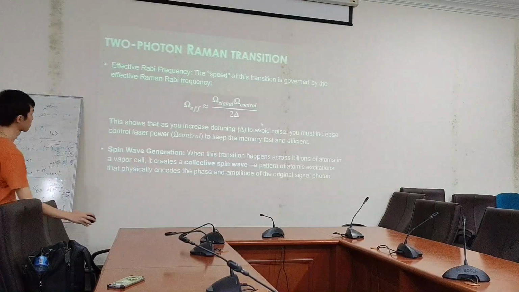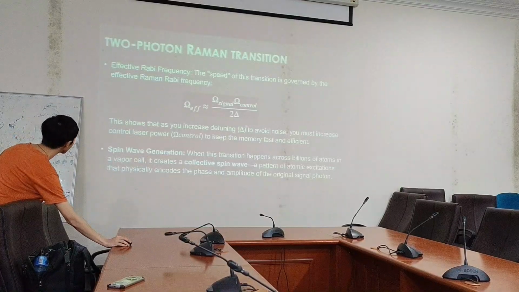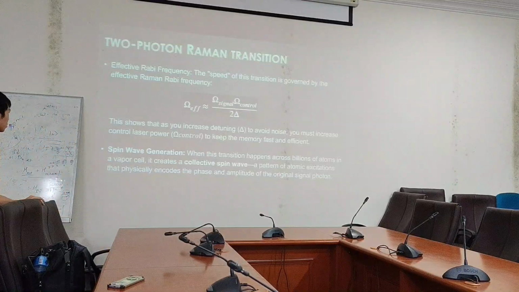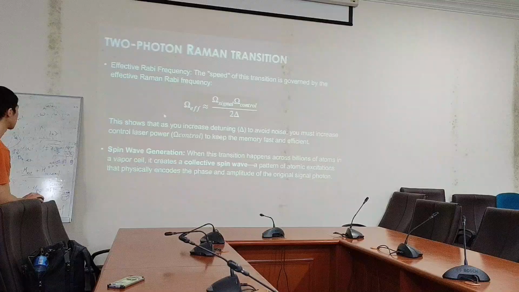This is the speed of transition. And this shows that as you increase detuning to avoid noise, you must increase laser power omega control to keep the memory fast and efficient.